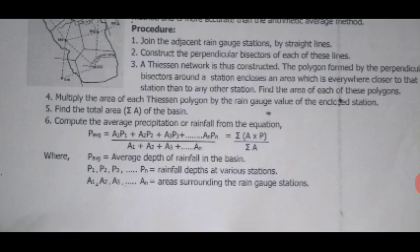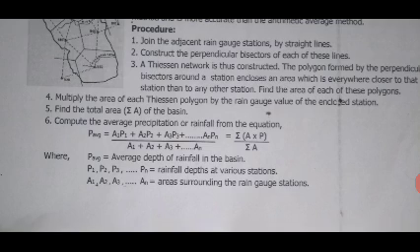Third, a Thiessen network is thus constructed. The polygon formed by the perpendicular bisectors around a station encloses an area which is everywhere closer to that station than to any other station. Find the area of each of these polygons.